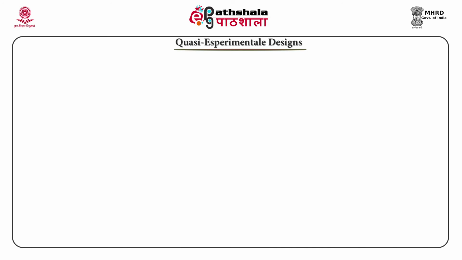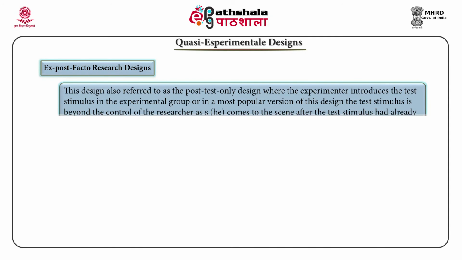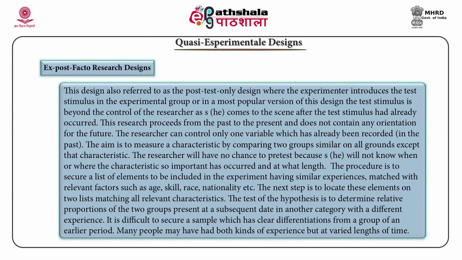Quasi-experimental designs can be of two types: ex post facto research designs and one group post-test only design. Ex post facto research design, also referred to as the post-test only design, is where the experimenter introduces the test stimulus in the experimental group, or in a most popular version of this design, the test stimulus is beyond the control of the researcher, as he or she comes to the scene after the test stimulus has already occurred.